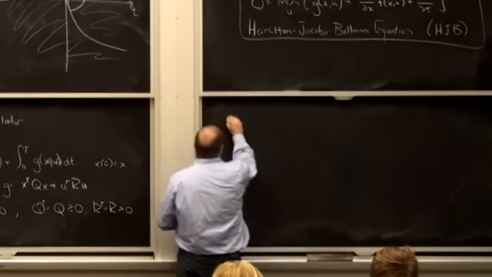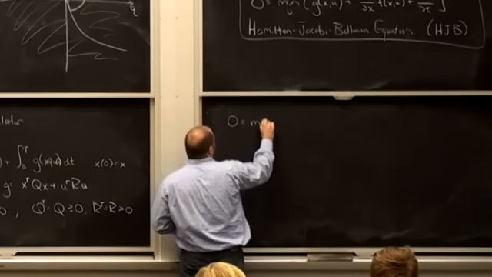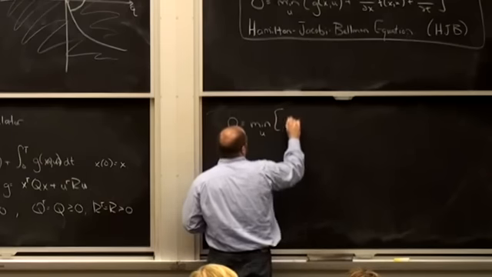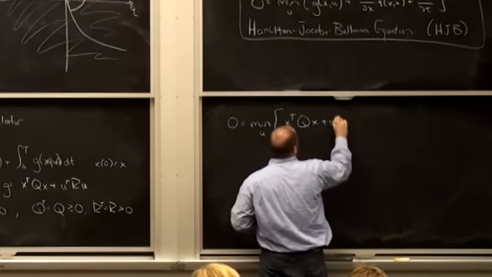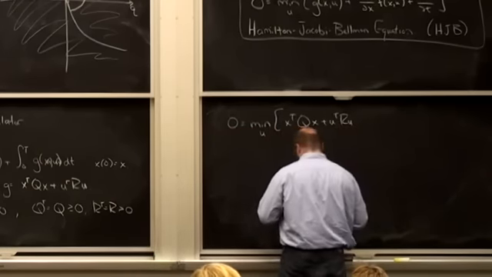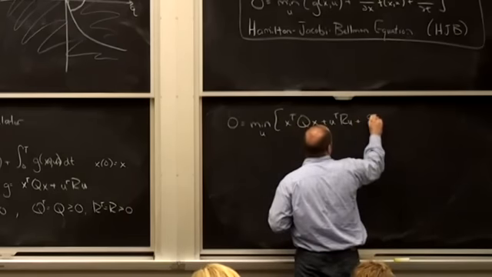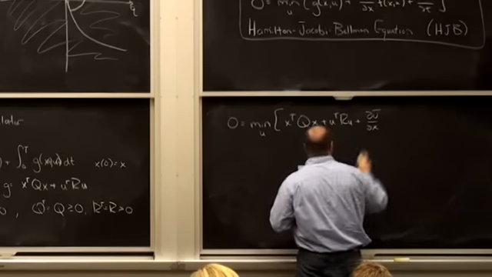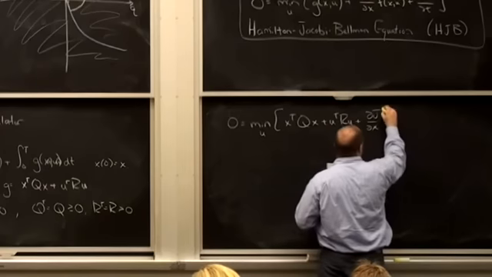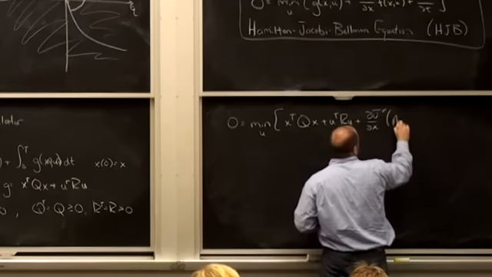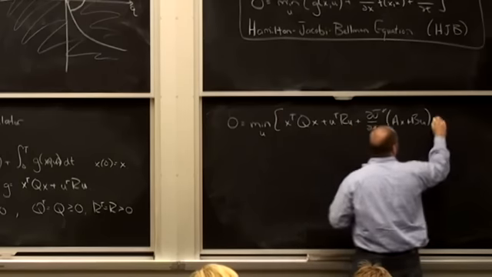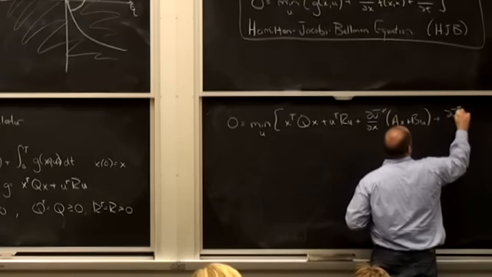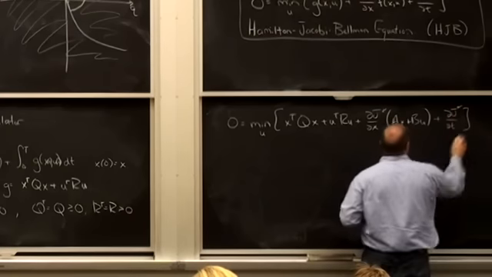So 0 equals min over u of x transpose Qx plus u transpose Ru plus partial J star partial x times Ax plus Bu, plus partial J star partial t.